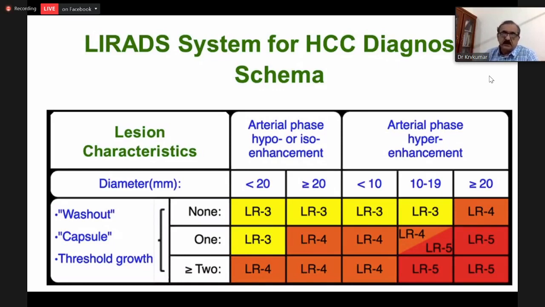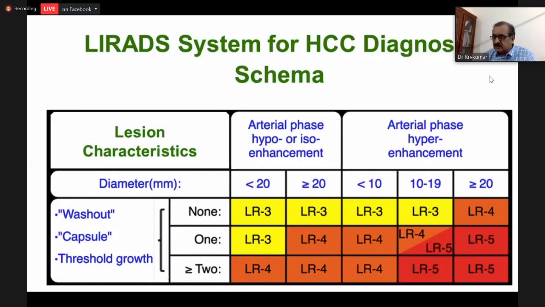So these criteria are taken into consideration to classify lesions into types 1, 2, 3, 4, and 5. Type 1 is essentially benign, 5 is essentially typical of HCC, and 3 will be intermediate. And 2 and 4 come in between, in the benign direction and the malignant direction.